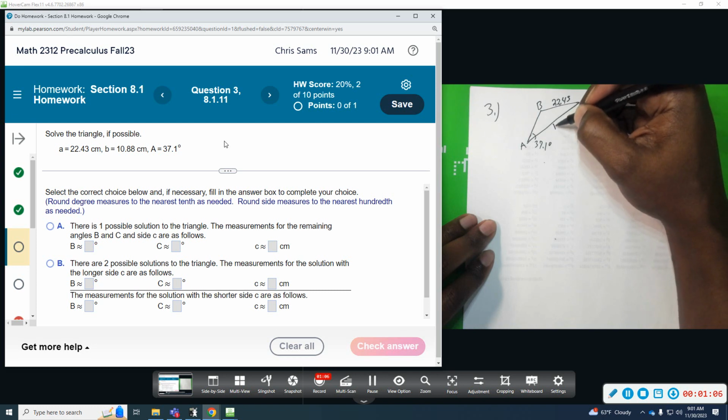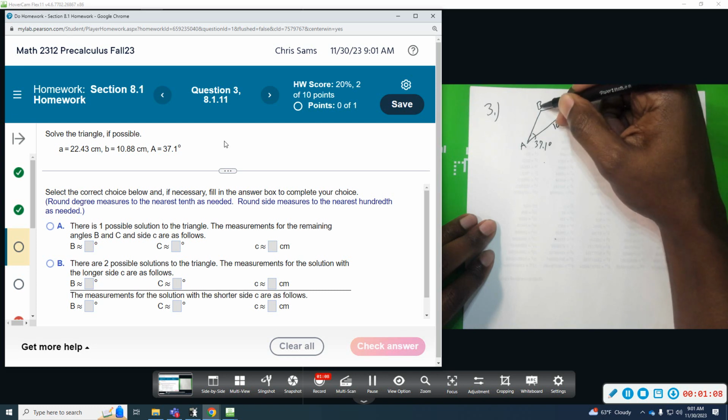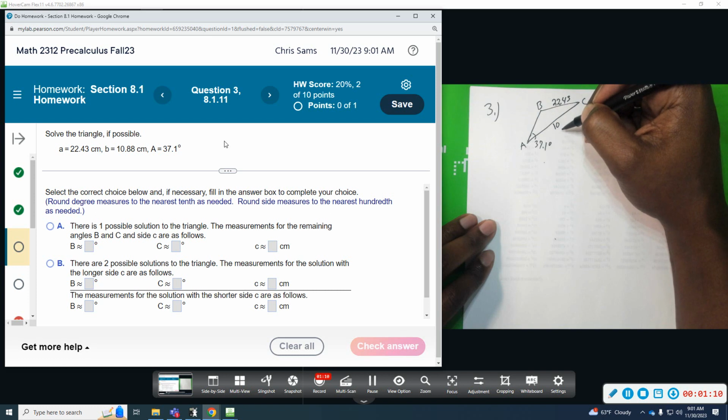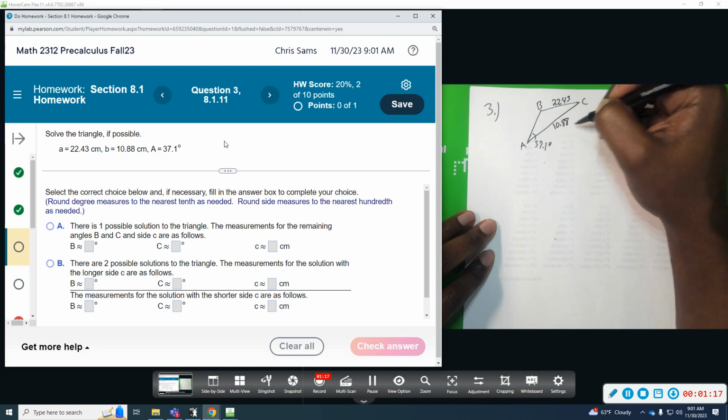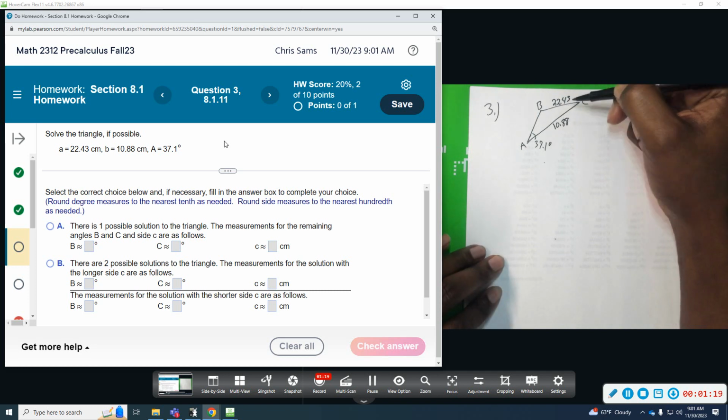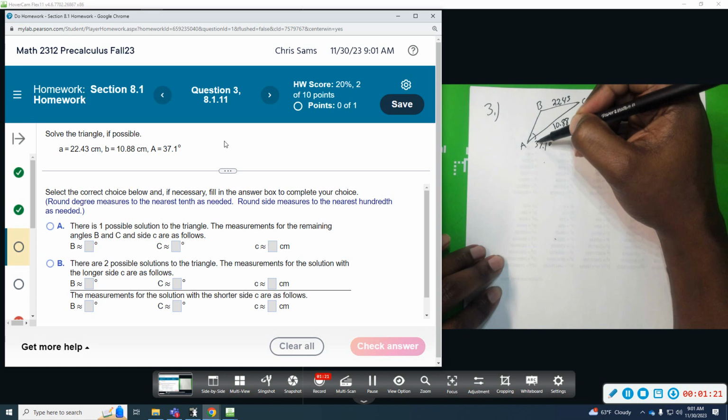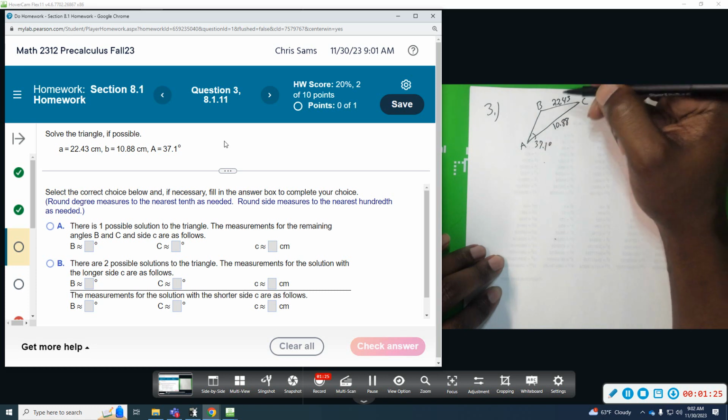Now, I did not draw this correctly. The longer side probably should be opposite of C, but it's okay. I'm just looking at the measurements. If angle A is less than 90, it's an acute angle.